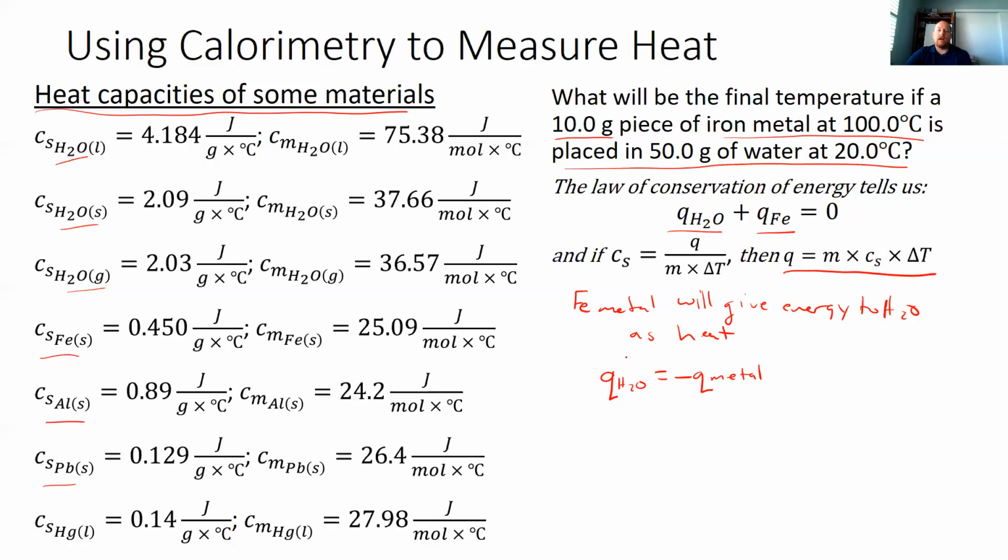Now, if we look at this from the standpoint of mC delta T, the mass of the water times the specific heat of the water times the delta T for the water will equal the mass of the iron times the specific heat of the iron times the change in temperature of the iron.